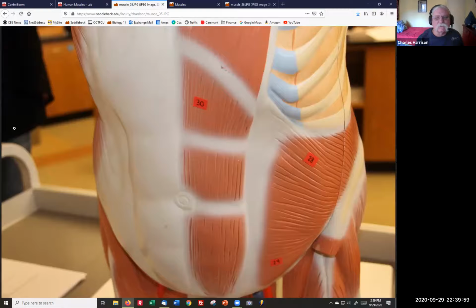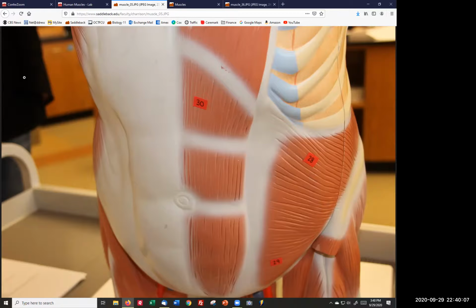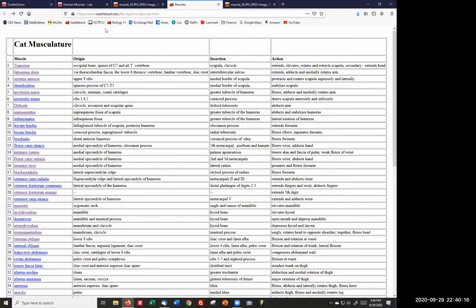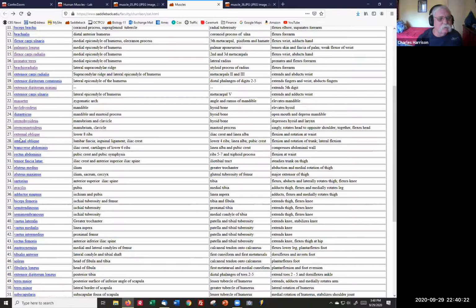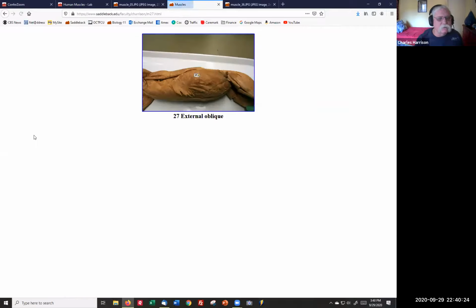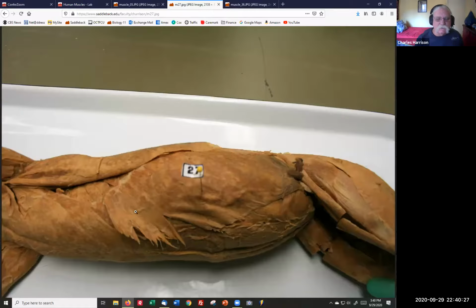Now, this keeps going to the same picture because being not wasteful, use the same picture for 3 muscles. Why not? On the cat muscle, here's the external oblique. It's huge.